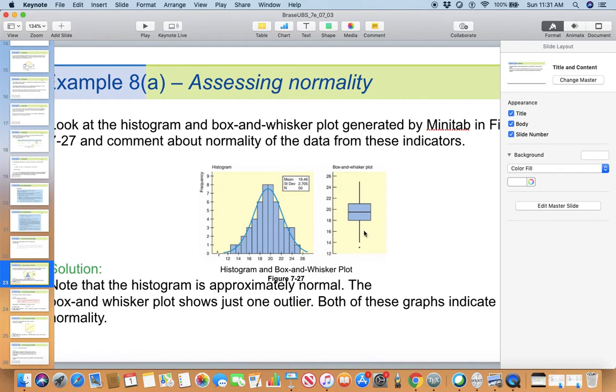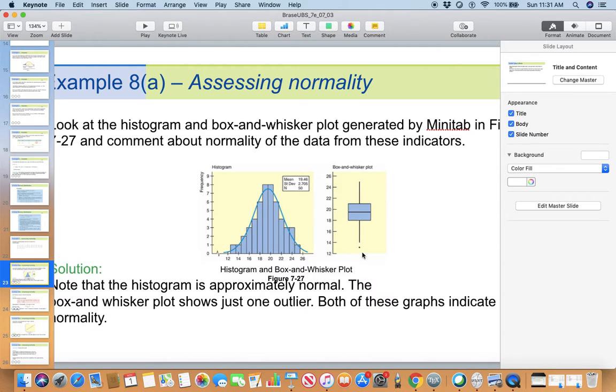Now, if you look at the box and whisker plot, you have a minimum here, a maximum here, the first quartile below, the second quartile right in the middle, and the third quartile right over here. You will find only one outlier. So both these graphs indicate some normality.